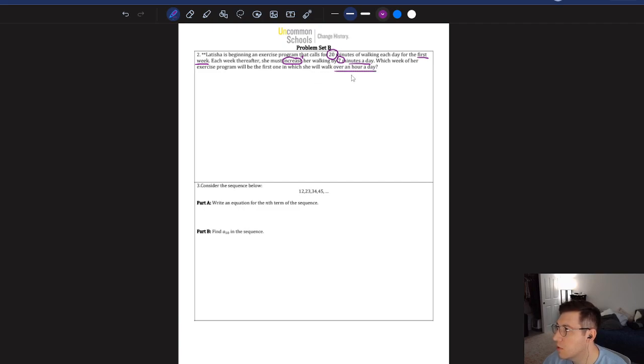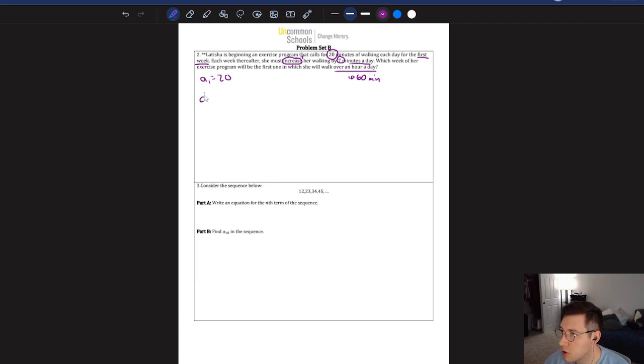If we're walking over an hour a day, that really means we're walking at least 60 minutes. And so the way that this problem is set up, it's asking us a question that's more similar to part C in our notes. And so I'm going to start by beginning to set up this equation. I know that a sub 1 has to be 20. It's that first week value.